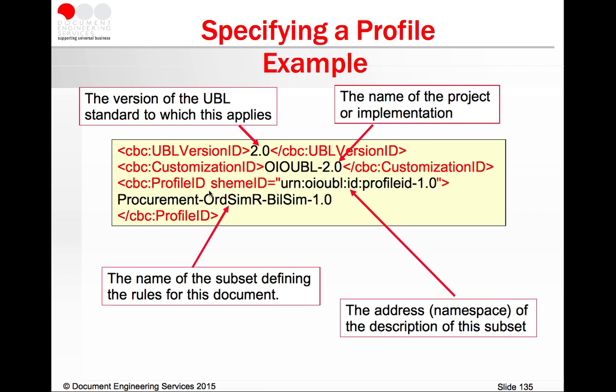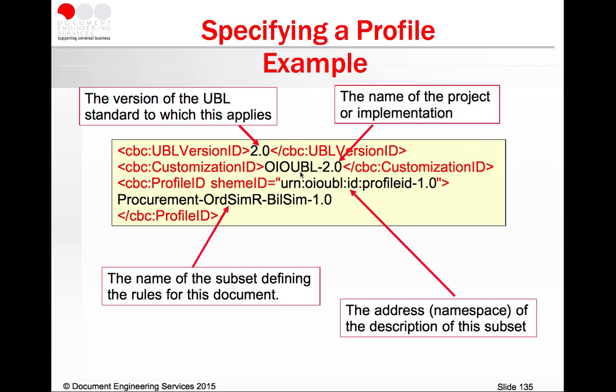Here's an example of how you would specify in a UBL document which profile you're actually using. In other words, identifying an additional set of business rules. So normally in every UBL document you identify the version of UBL, but you can also specify a customization, which is a name of a project.